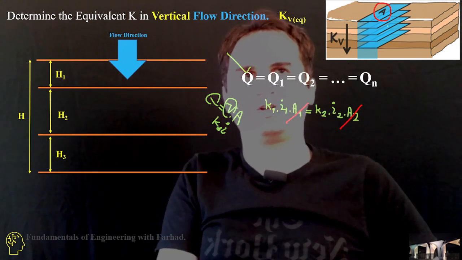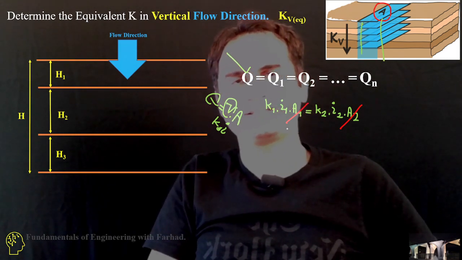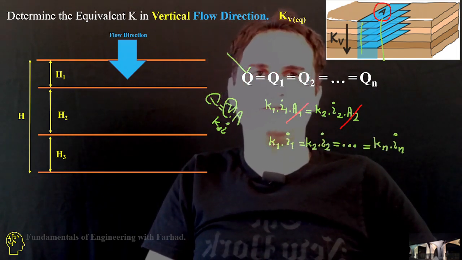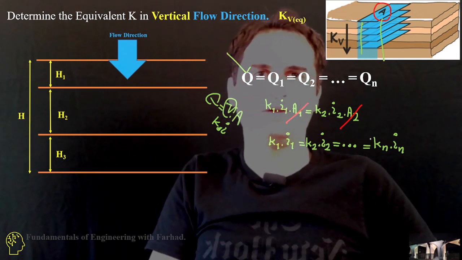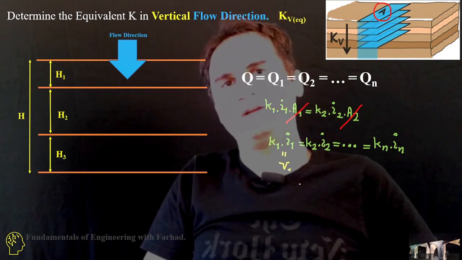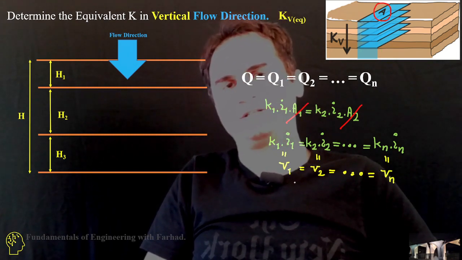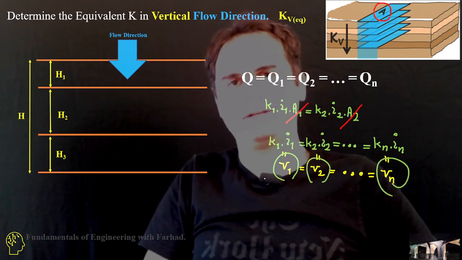If the cross-sectional area is the same in our sample within the layers, we can easily cancel these out. That gives us K1 I1 is equal to K2 I2 is equal to Kn In. Ki is also velocity, so it says velocity remains the same in all layers.